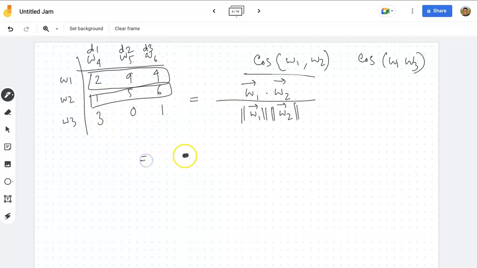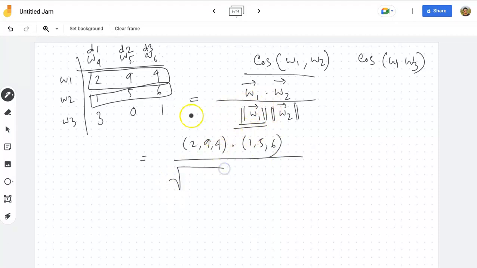It will be 2, 9, 4 dot 1, 5, 6. And what is this thing? How do we calculate the modulus of a vector? Basically it is the root over the squares of each of these elements.